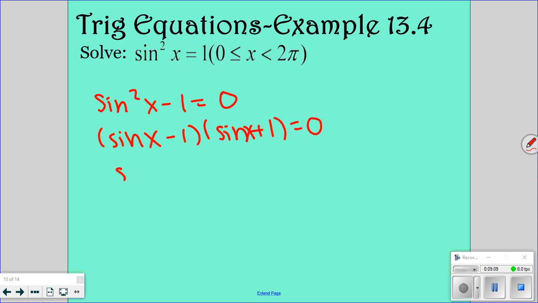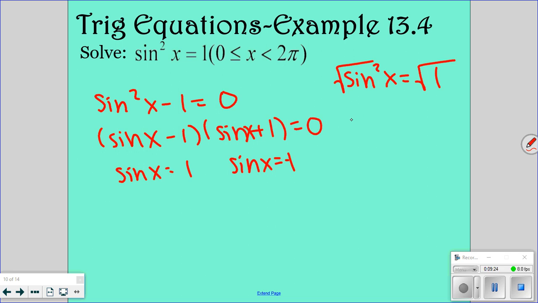And then sine of x would equal 1, or sine of x would equal negative 1. Or you can just take the square root of both sides. And so the square root of sine squared is just sine of x, and the square root of 1 is plus or minus 1. So either way you'll get the same thing. So we're looking where sine is equal to 1 and negative 1.